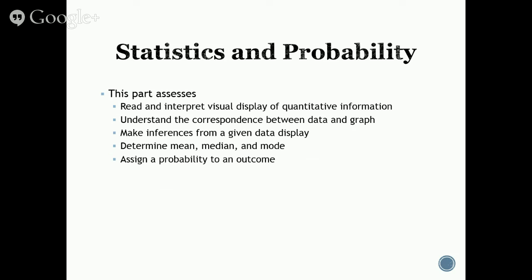So just review, especially mean, median, mode, and determining a probability. Make sure you understand how to read a graph. That kind of thing is this area. If you have taken the PPST previously, and this is your first time taking the Core version, this part is new to the Core. It was not on the PPST, so do keep that in mind.